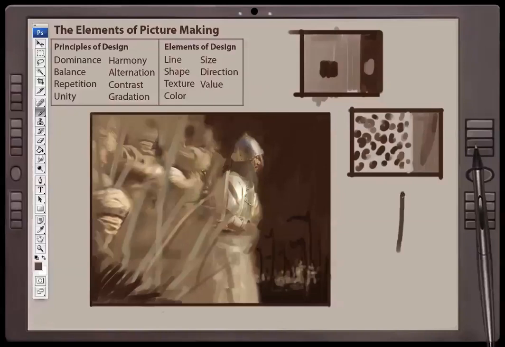So this is a balance of texture, but then of course there's balance of line, balance of shape, and balance of color, and balance of size and direction and value. And each of these elements of design needs to have its opposing force.